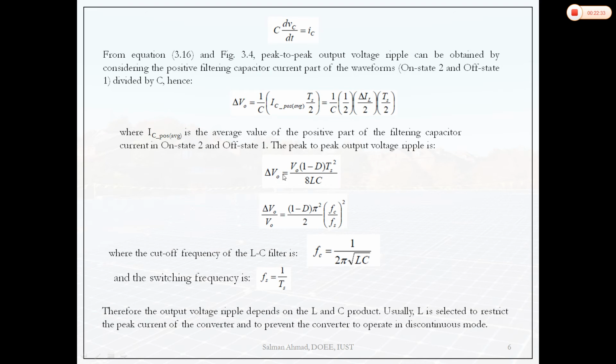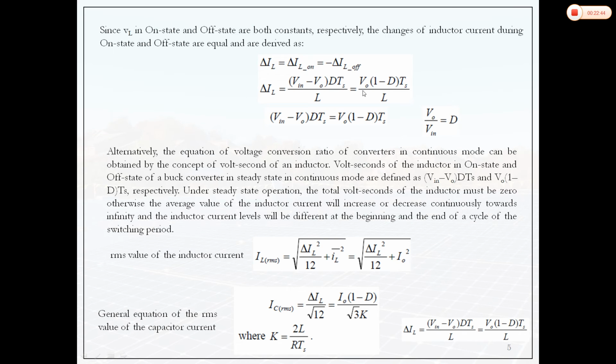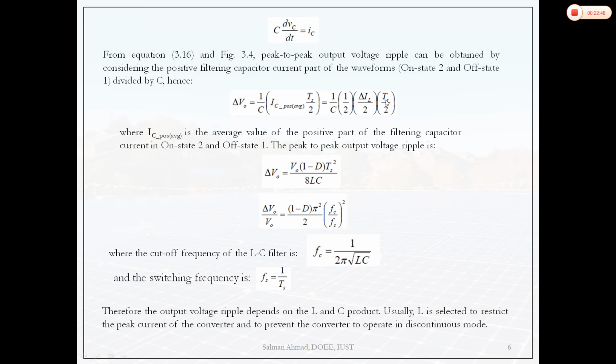If you substitute delta IL to be V naught times 1 minus D times TS upon L, delta V naught comes to V naught times 1 minus D TS square upon 8LC.